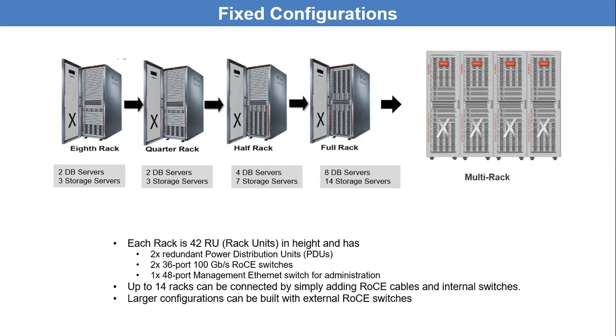So to process a certain amount of data, how much storage is required, how much CPU, how much memory, how much network bandwidth. So Oracle deployed this kind of configuration. That's why they are called fixed configurations. You cannot tweak them. You cannot add more servers or more disks or more CPU to the server.